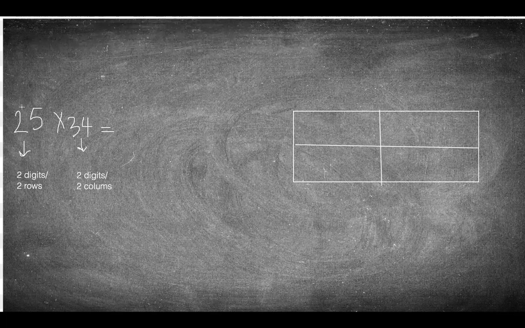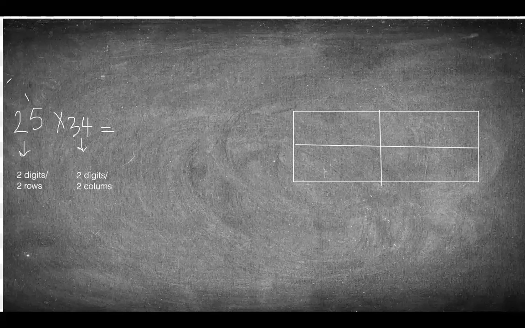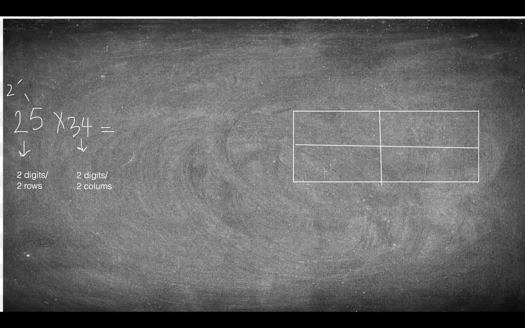So now I'm going to split the 25 into, it's made out of 20 because I have 2 10s. So I have 2 10s, which is 20 plus 5.